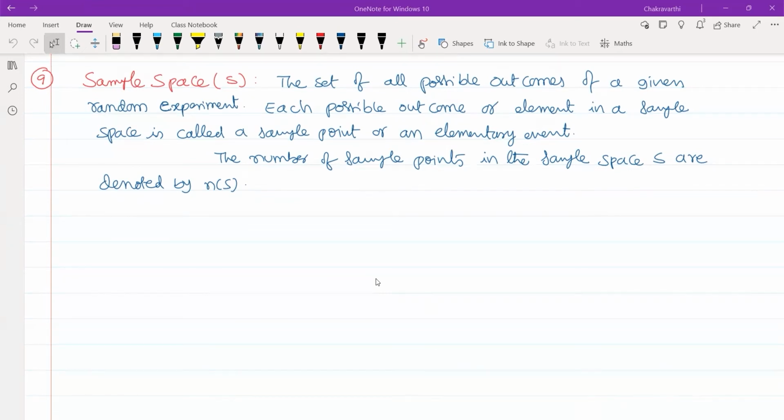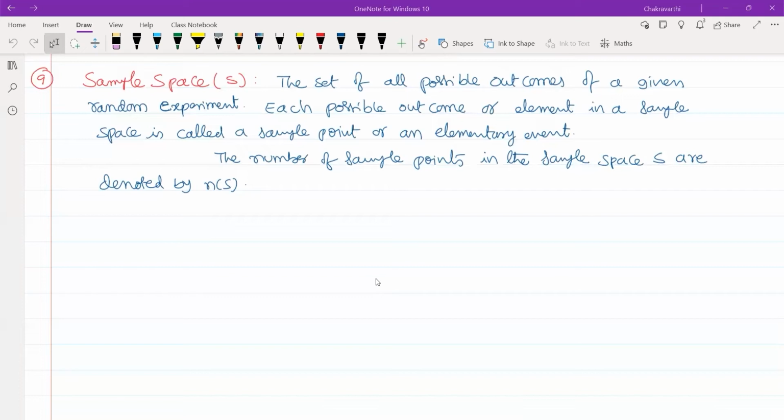Now, based on the axiomatic approach, for the same random experiments, to apply the statements, inequalities, and advanced techniques, you have to learn the sample space.